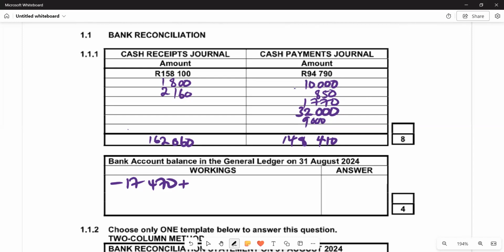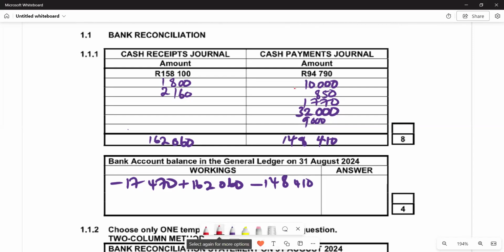You add your total of cash receipt journal, which is 162,060, and then you subtract your cash payment journal, which is 148,410. And then the answer that you are supposed to get there is a negative 3,820.